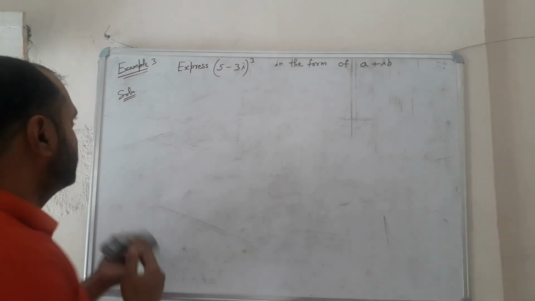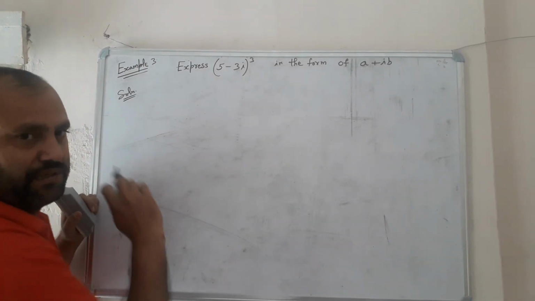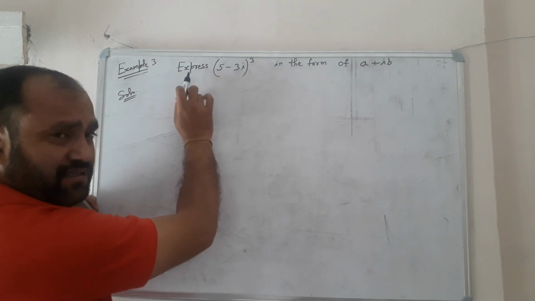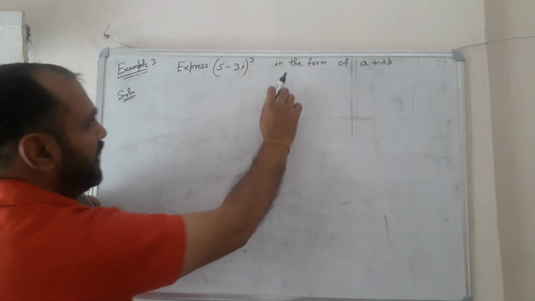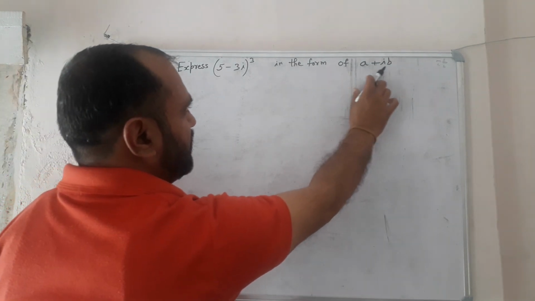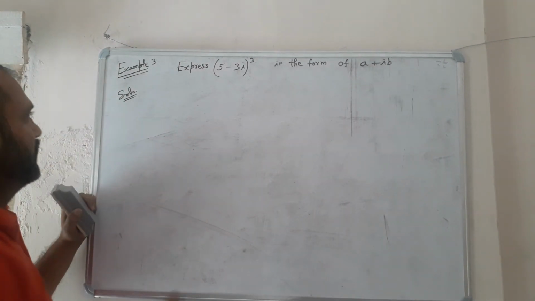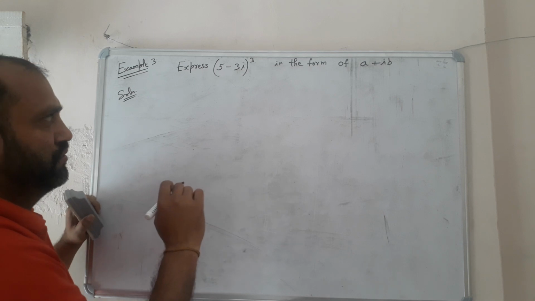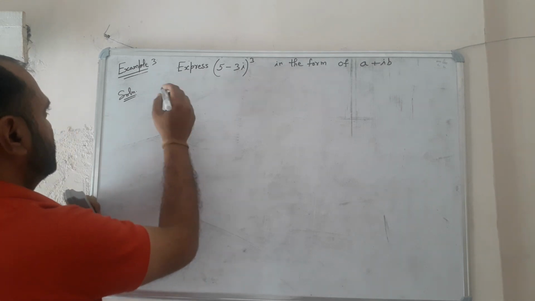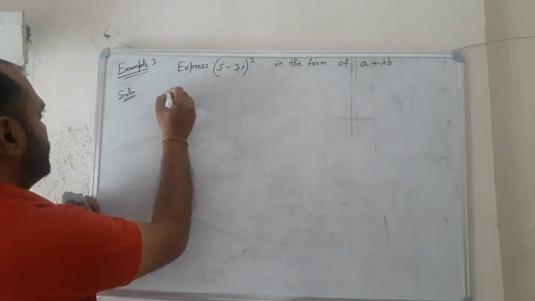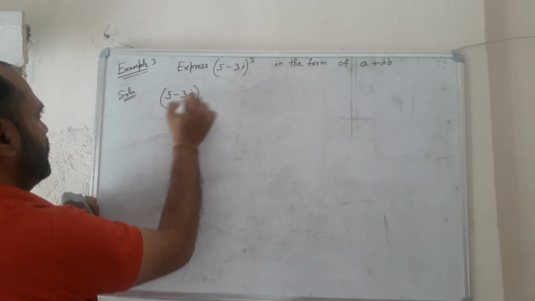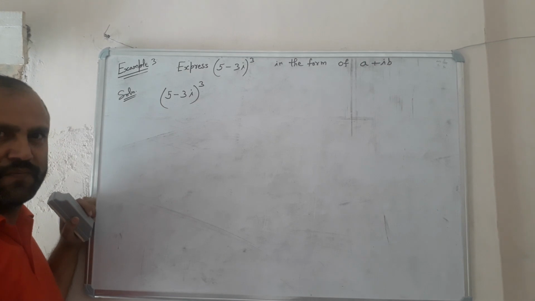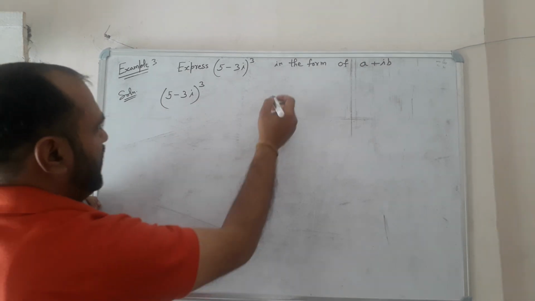Okay, next example is example number 3. Express 5 minus 3 iota whole cube in the form of a plus iota b. How to simplify this? 5 minus 3 iota whole raised to the power 3.